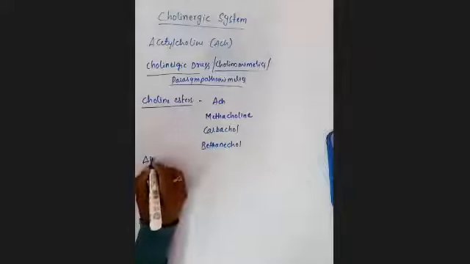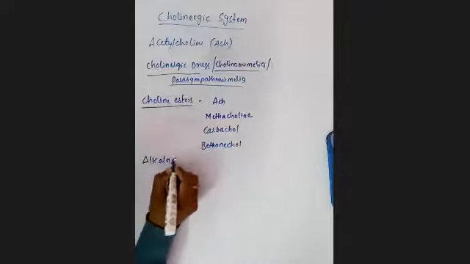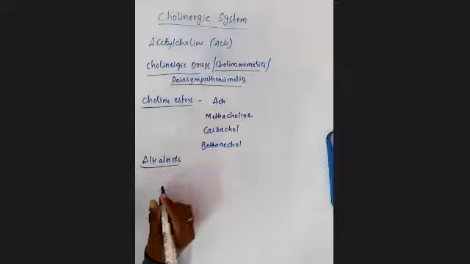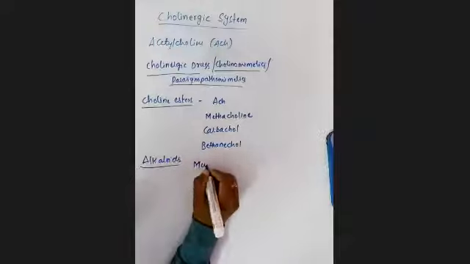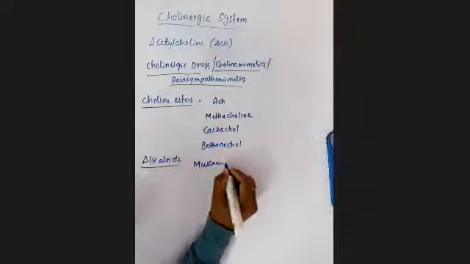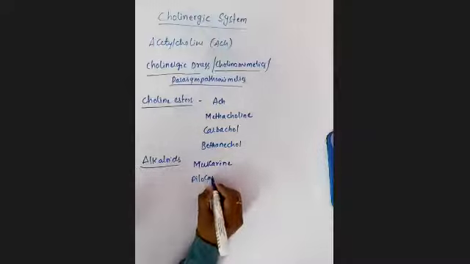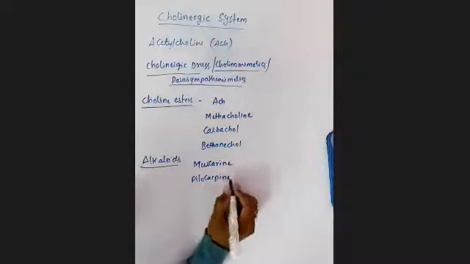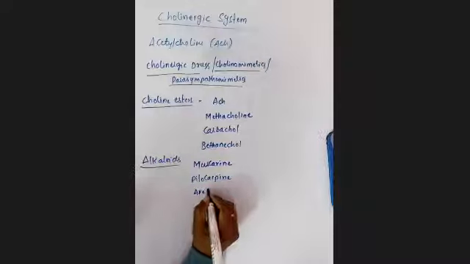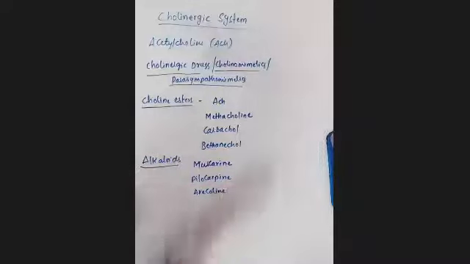Next, we have some alkaloids like muscarine, pilocarpine, and arecoline. These are the alkaloids.